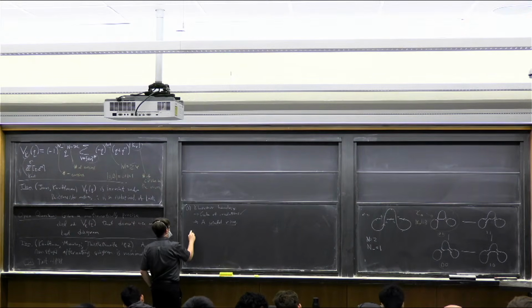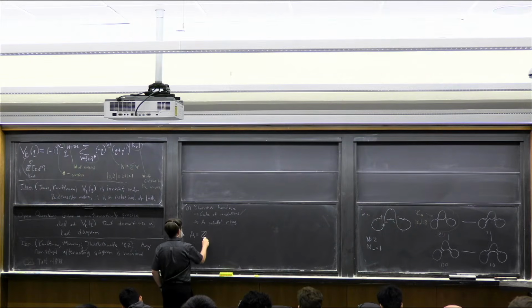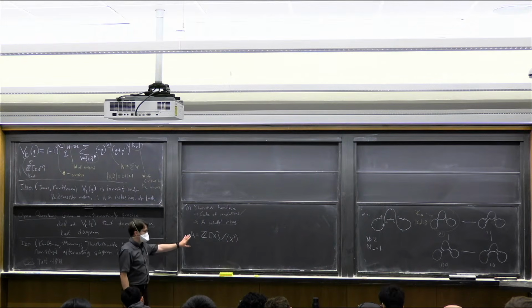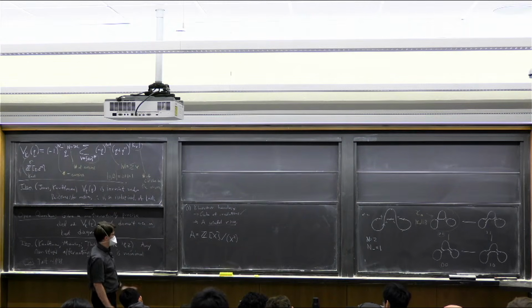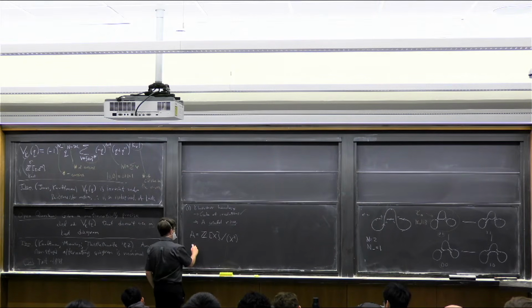So my ring I'm going to call A, and it's Z adjoin X mod X squared. I think I said all you need to know is abelian groups, not rings. It'll be OK if you don't know rings. I'll come back and make things more precise, more down to earth in a minute. But this has a multiplication. So what is a multiplication?